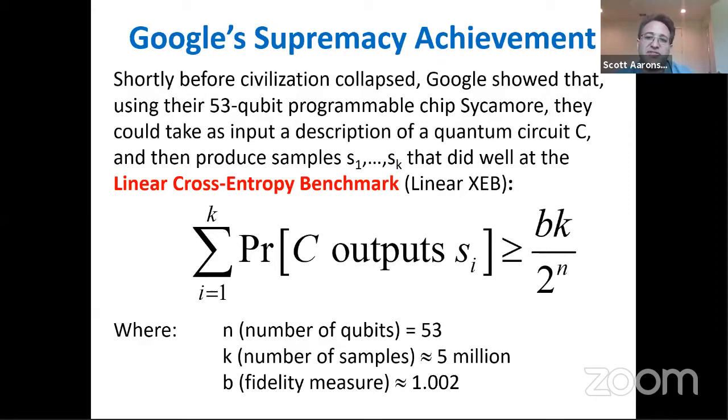B is a measure of the fidelity that basically we would like to be bounded above 1. And in the case of the Google experiment, they reported a B value of 1.002. So, slightly above 1. Okay, and this might look a little bit different from what was in Sergio's talk, but it's just a different way of presenting the same thing.